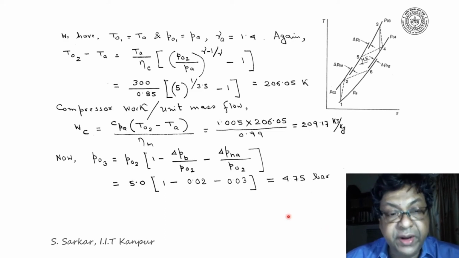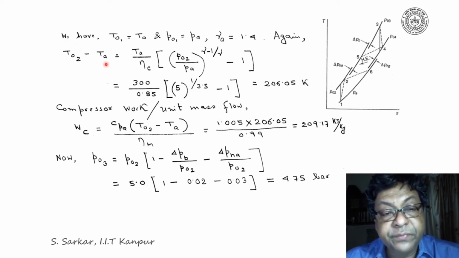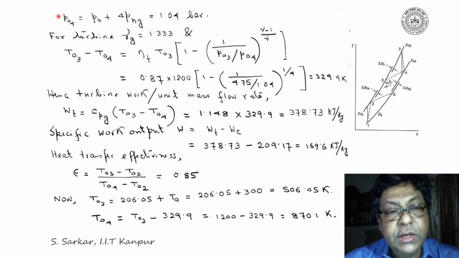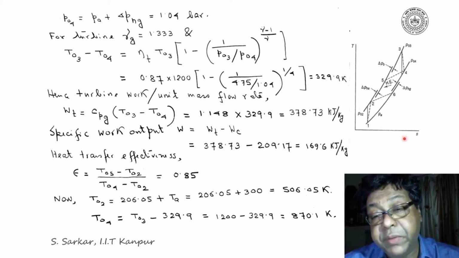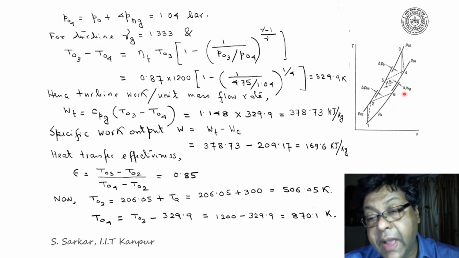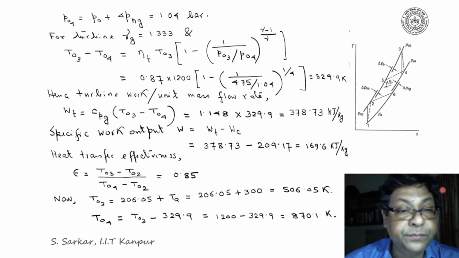So thus here I have calculated T02 minus TA and then WC, and then I have evaluated P03. Note, I have already told P04 will be greater than atmospheric pressure PA by the amount del PHG.